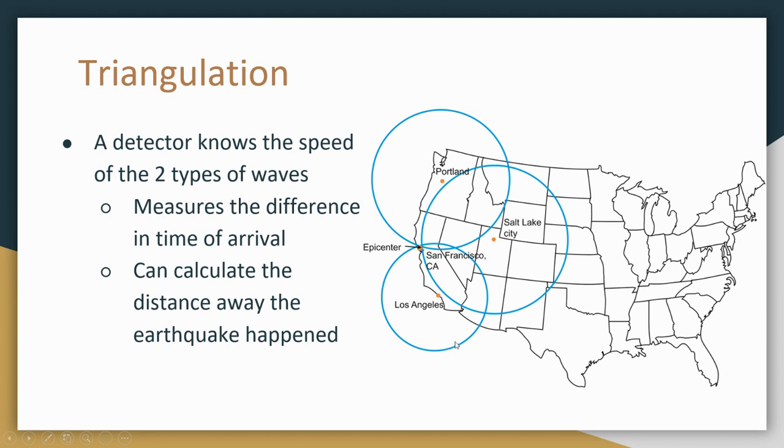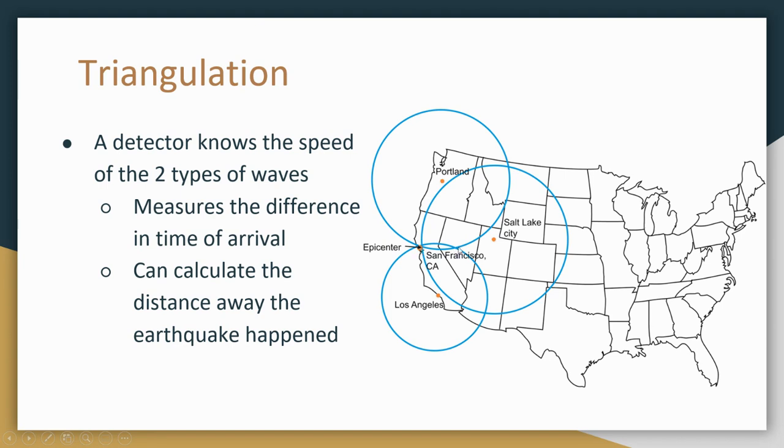Well, if I radio a buddy up in Portland and I say, hey, I just felt an earthquake, it happened this far away from me. How far away did it happen from you? Well, Portland does the same calculation and says it happened this far away from him. Well, that tells me that the earthquake either happened here or here where our two circles meet.